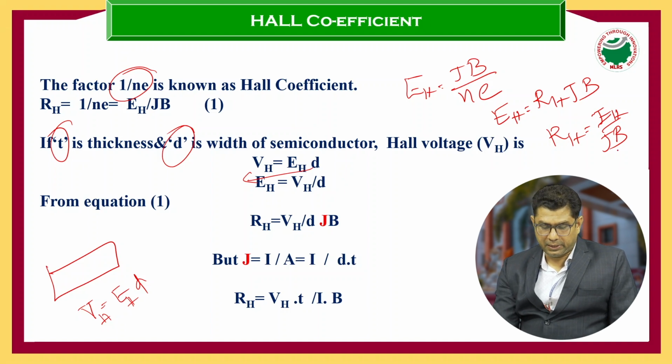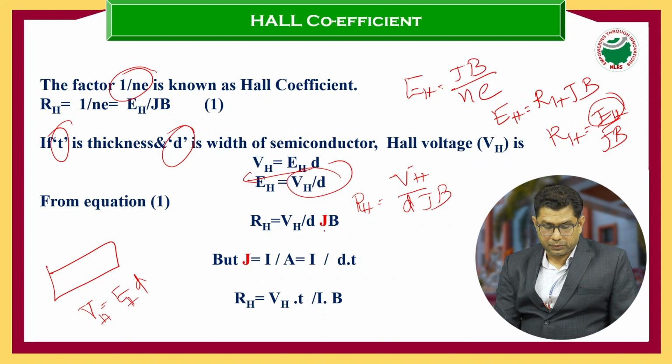RH equals EH by JB. In EH, you replace VH by D. So RH equals VH by D into JB. J means current density.